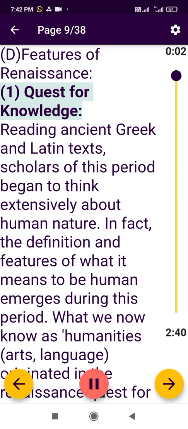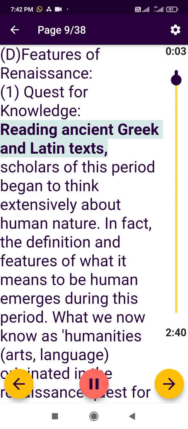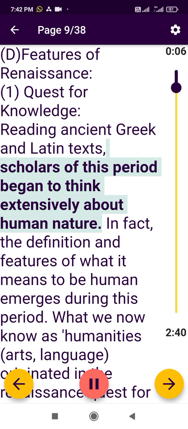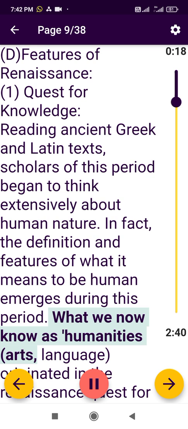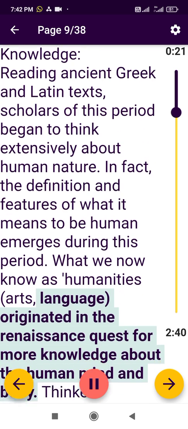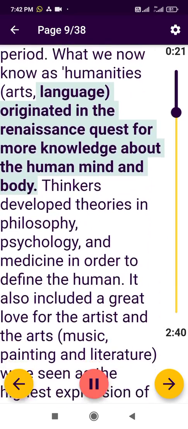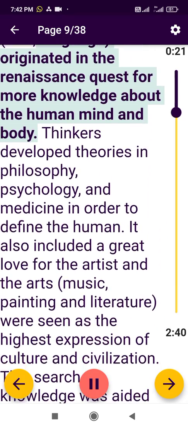Quest for knowledge. Reading ancient Greek and Latin texts, scholars of this period began to think extensively about human nature. In fact, the definition and features of what it means to be human emerges during this period. What we now know as humanities, arts, language, originated in the Renaissance quest for more knowledge about the human mind and body.